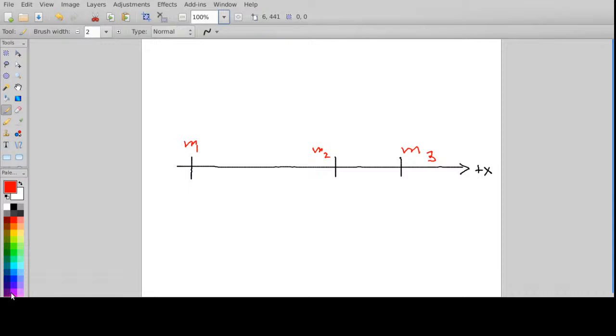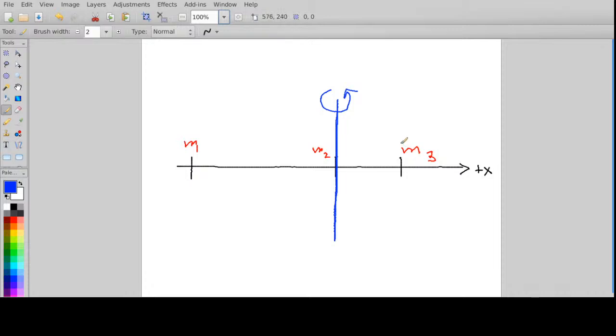We're going to put an axis of rotation, let's make it in blue. We're going to put it perpendicular to the x-axis, that means 90 degrees to the x-axis, and going through M2. So that's our axis, and this thing would rotate around there.